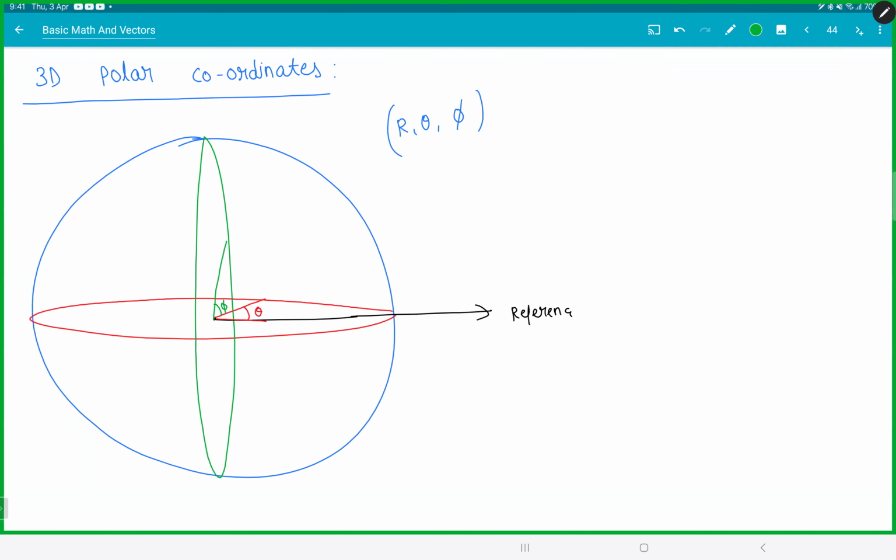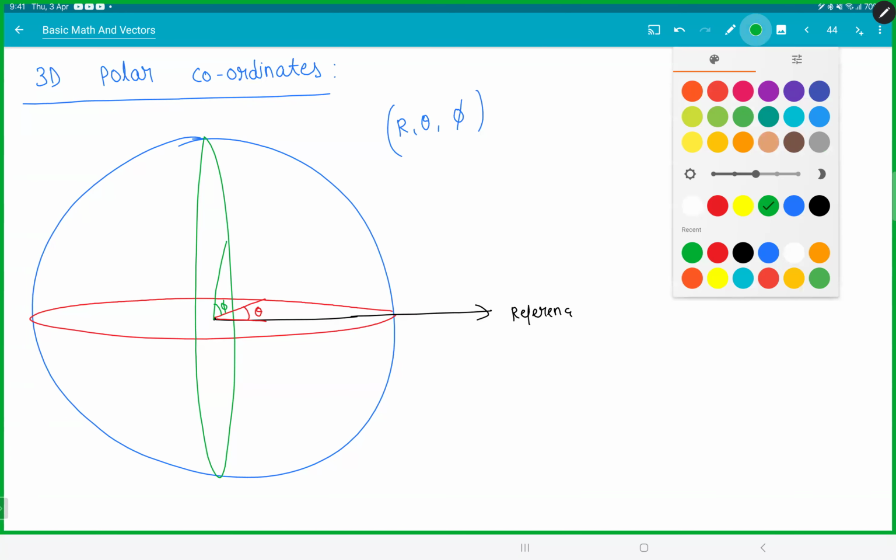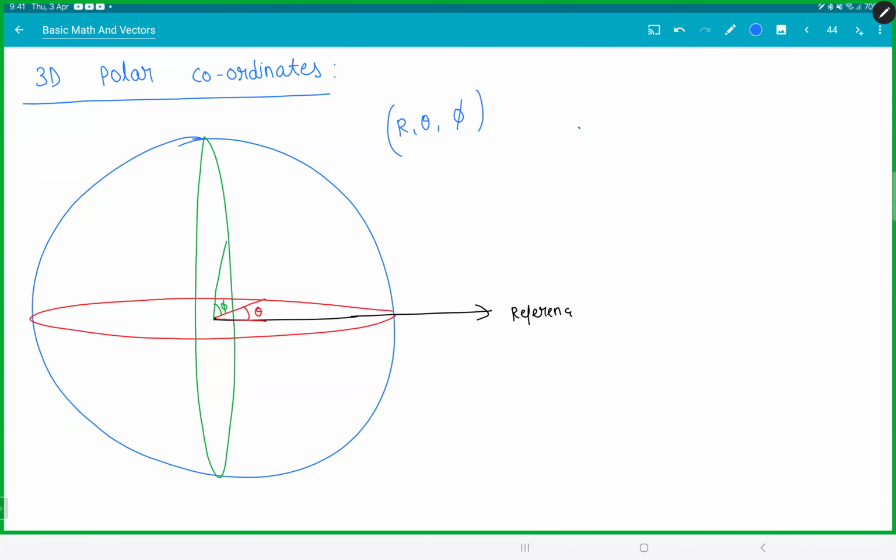It's like when you travel from Mumbai to Dubai, you're traveling in a horizontal circle. When you're traveling from Dubai to Moscow, you're going in a vertical circle. The longitudes and the latitudes. So here, theta is an angle in a horizontal plane. Phi is an angle in a vertical plane.